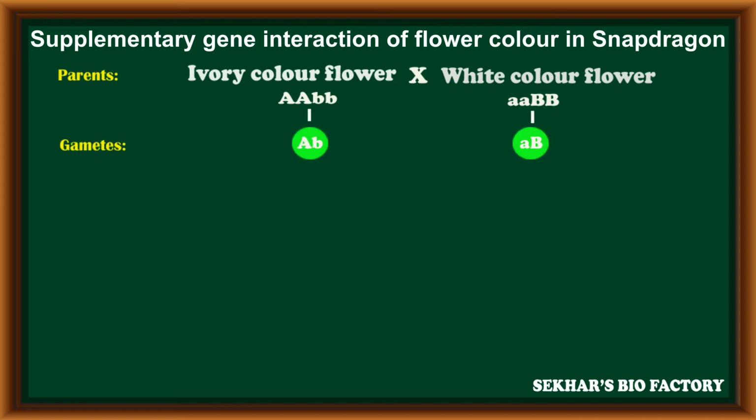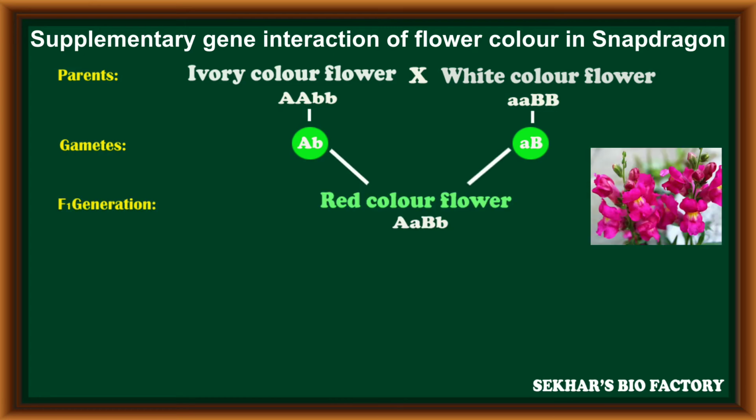By conducting a cross between these two parents, both parents can produce only one type of gametes because of homozygous condition. The first parent can produce only one type of gametes with capital A small b alleles. The second parent can produce only one type of gametes with small a capital B alleles. These gametes fuse to form the F1 generation.